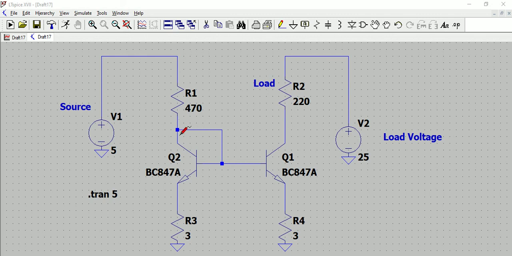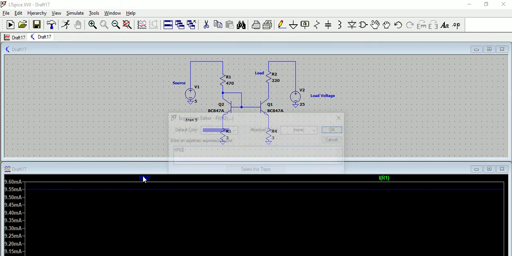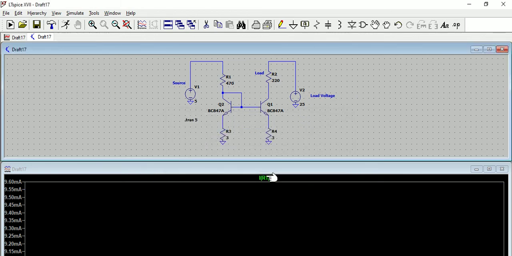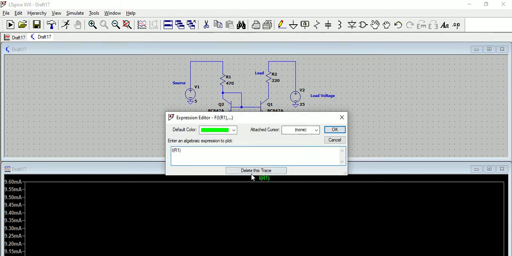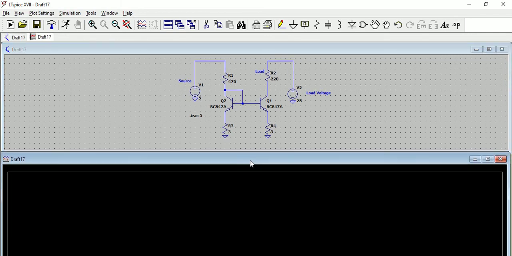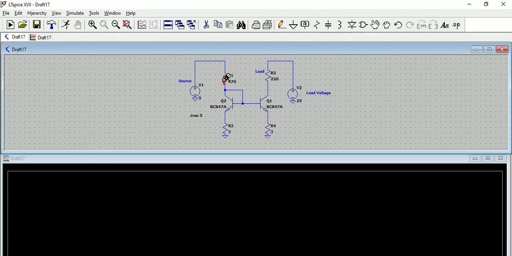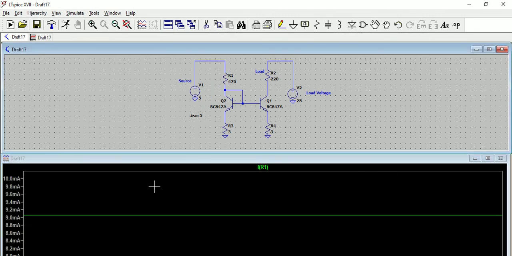So for example, let us assume we simulate this circuit. Let us delete this trace for clear understanding. Okay, so let us try to see the current that is flowing through this resistor, which is nothing but 9.1 milliamp.